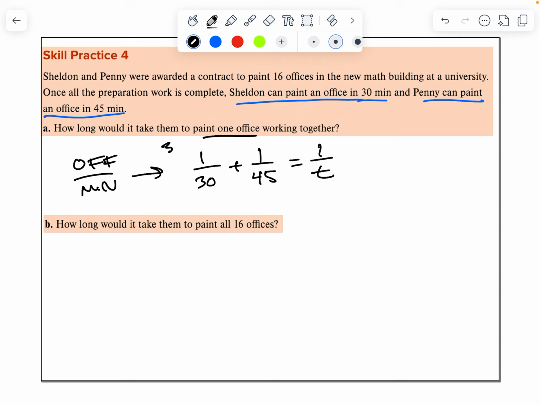Again, get rid of your fractions by multiplying by 30, 45, and t. Eliminate the things that match up.